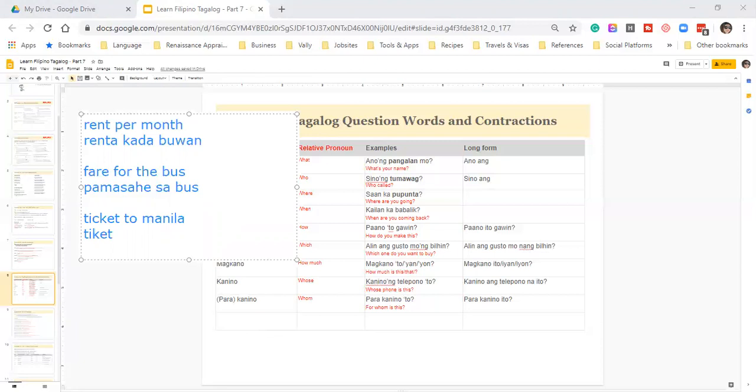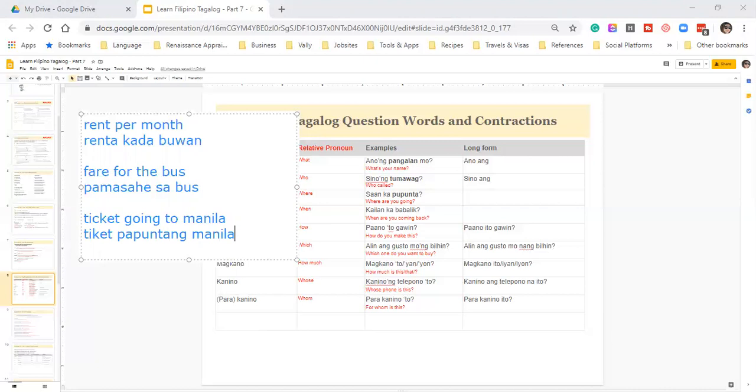That is ticket. You would want to say this, ticket going to Manila. Let's complete this. Ticket going to Manila. Going is papunta with the linker. All right. Ask it again. Magkano ang ticket papuntang Manila? There you go.